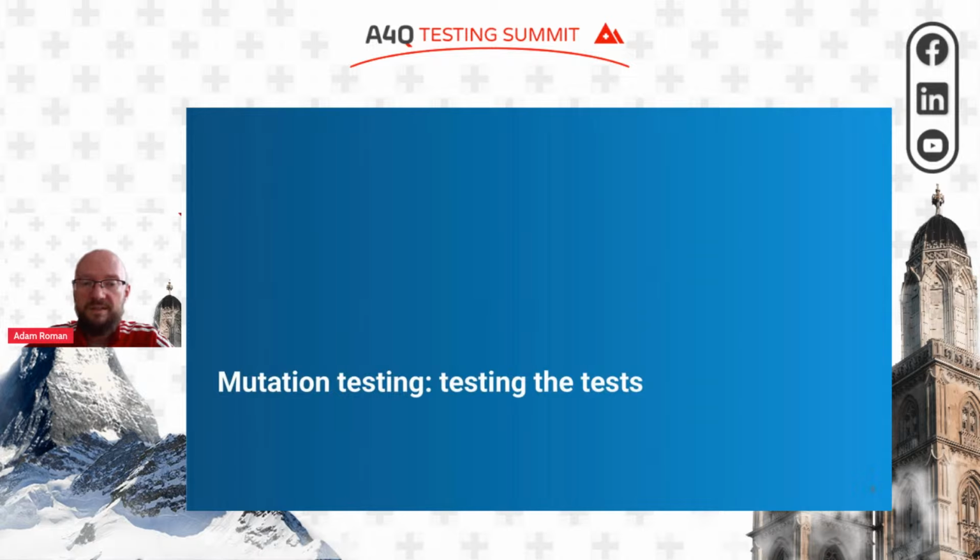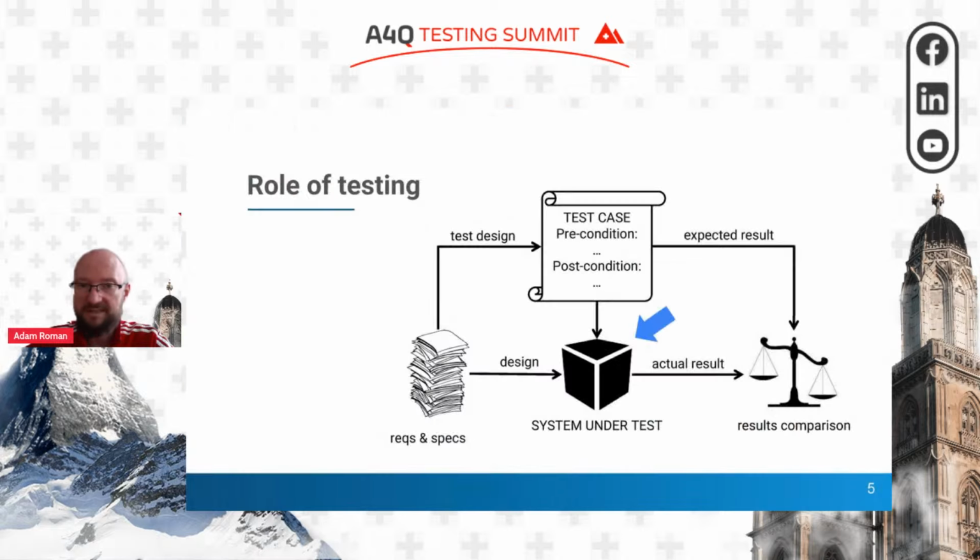So what is mutation testing? In a classical test approach, let's say in a typical black box testing, we have the system under test. We have some specifications, some requirements, which are the test bases, that is, the base on which we design test cases. And we also define expected results based on specification.